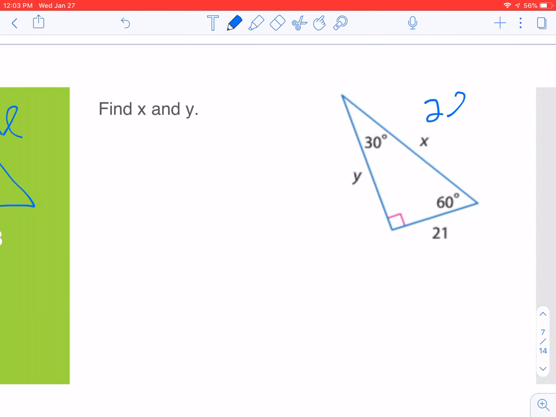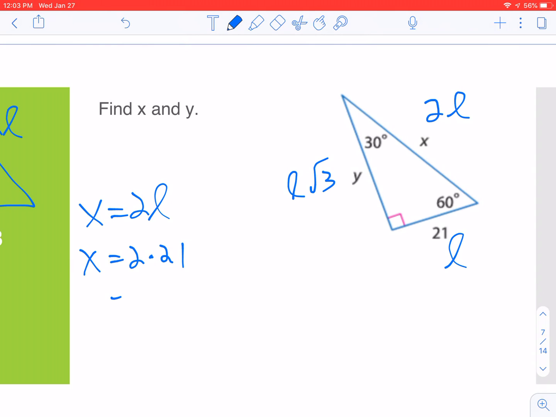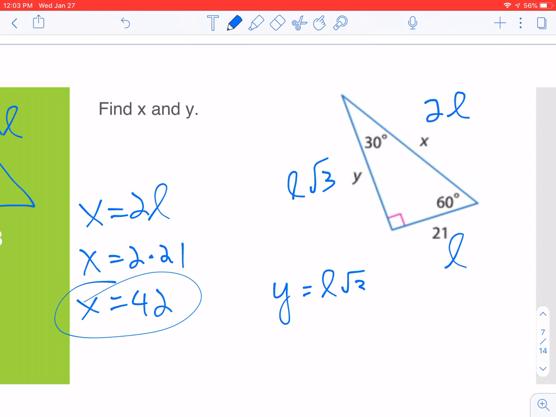This is 2L. And this is L root 3. And this is L. So to find X, X equals 2L. So X equals 2 times 21, which will be 42. So X will be 42. To find Y, Y equals L root 3.